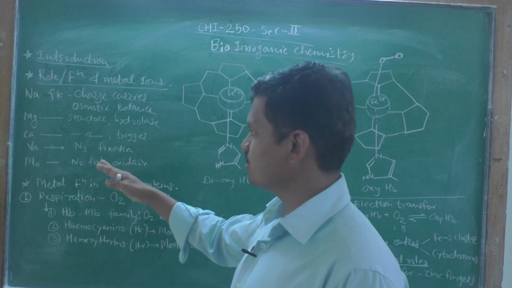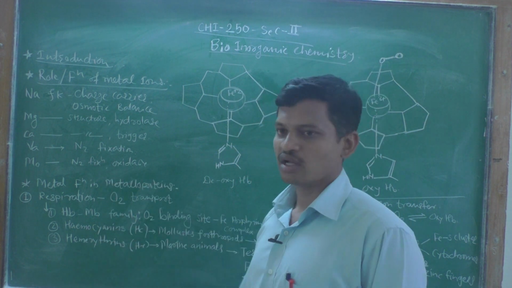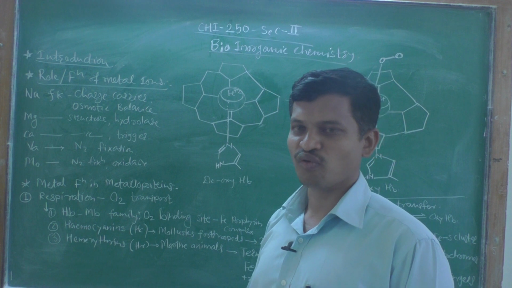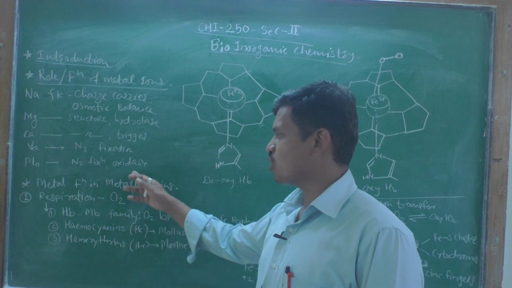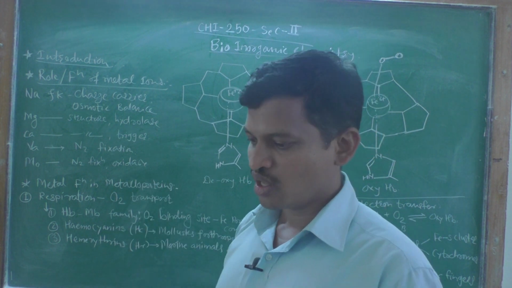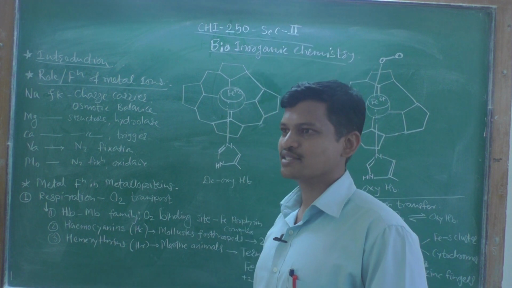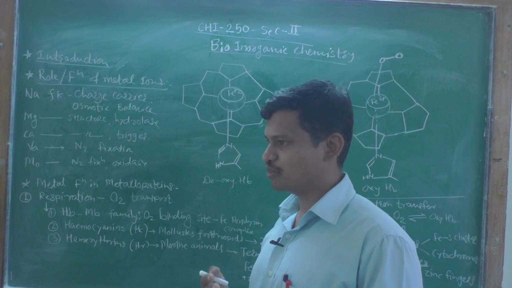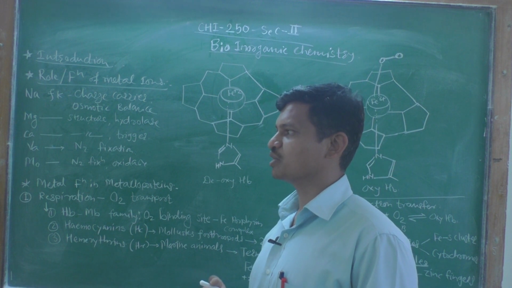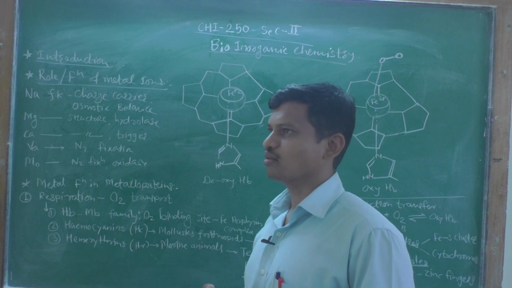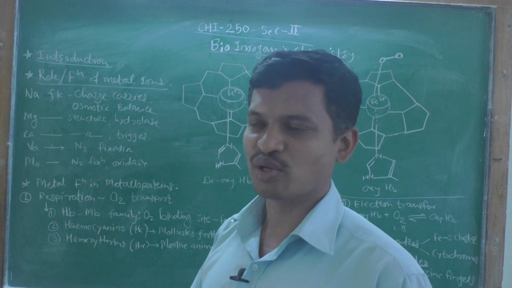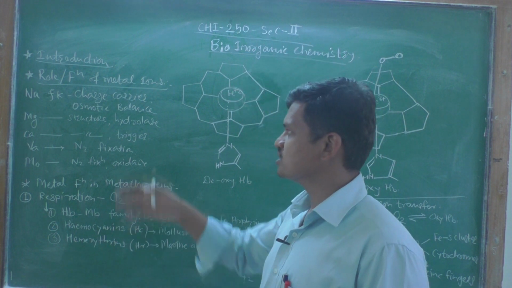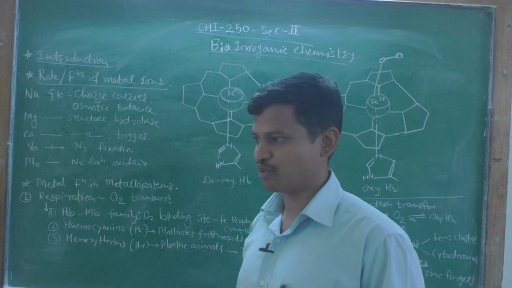Along with this, molybdenum is also useful for the enzyme known as oxidase. So many more metal ions, metal cations and other elements have their particular roles in different physiological as well as life processes. Some are listed here for your information.